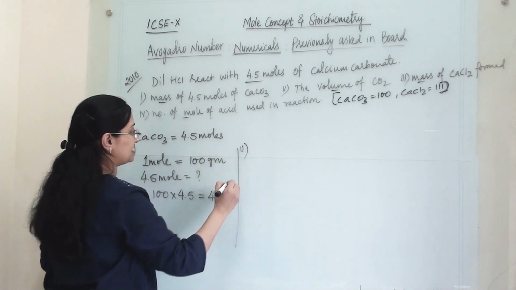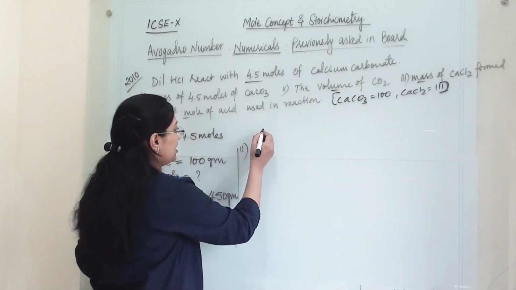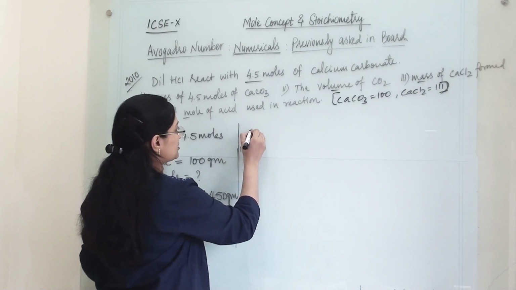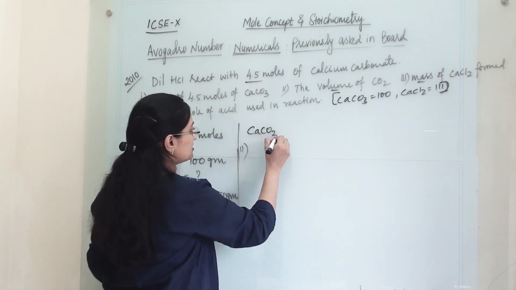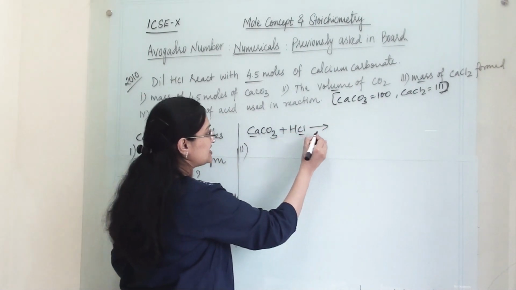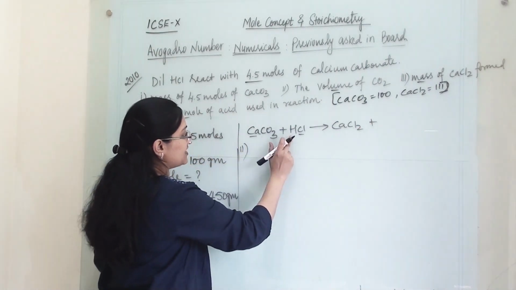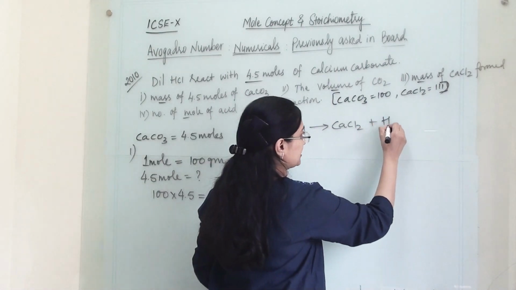Next, second, the volume of carbon dioxide generated with this. If we will write the equation, then it will be calcium carbonate will react with HCl, will give us CaCl2 plus remaining will be H2O and carbon dioxide.